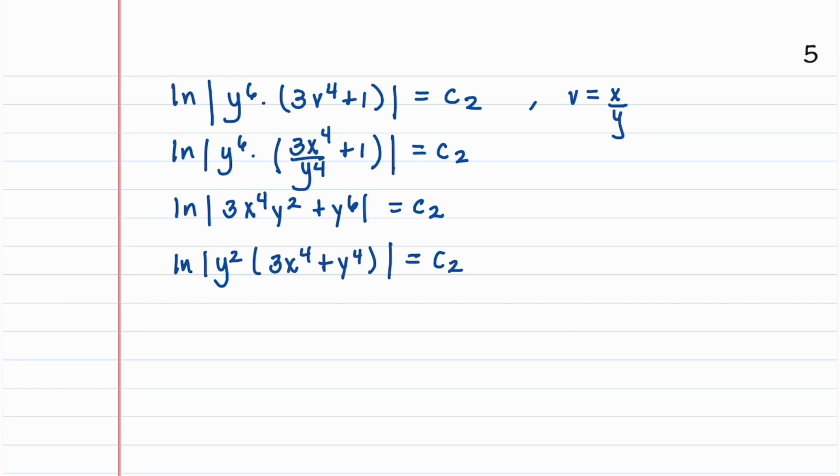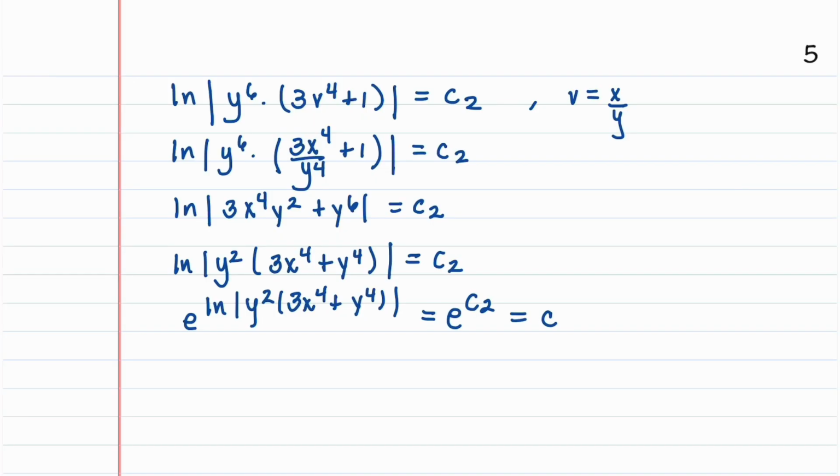Now we want to eliminate our natural log, so we're going to exponentiate each side of the equation. On the left, we get e to the natural log y squared times 3x to the 4th plus y to the 4th. And on the right, we get e to the c2, and we're going to call that c.